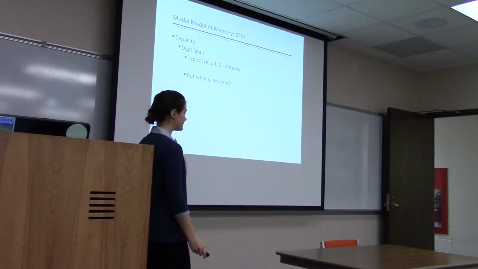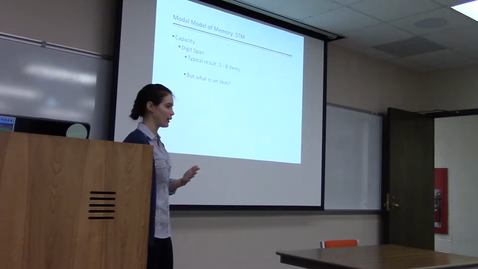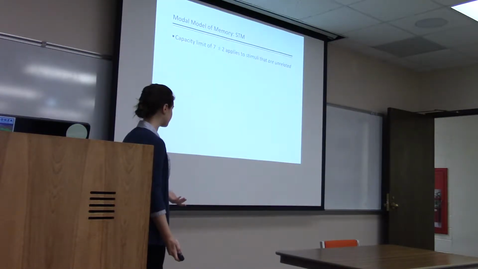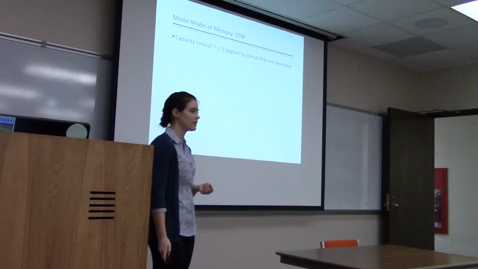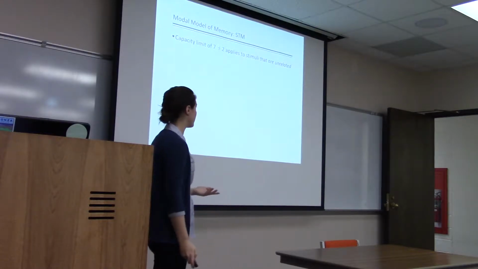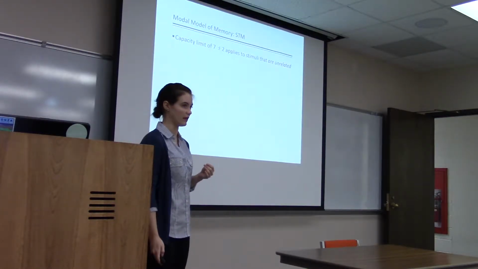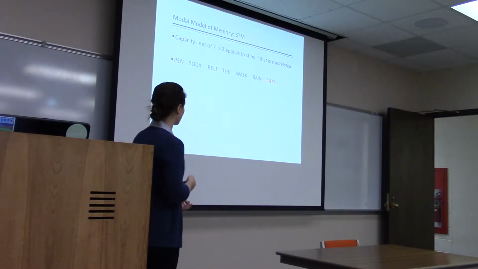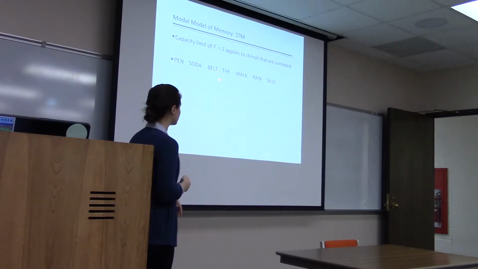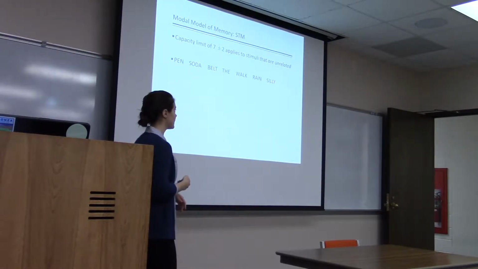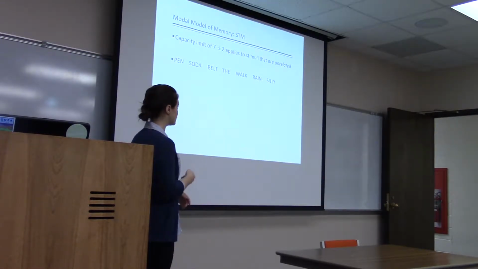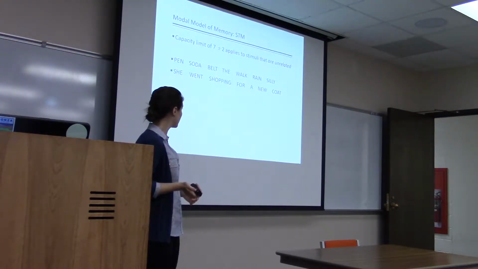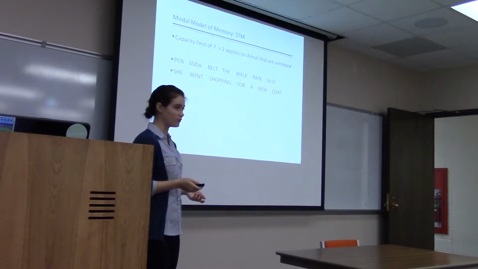So we've been talking about these digits and how we can only remember about 5 to 9 digits in our short-term memory, but what does that actually mean? The capacity limit of 7 plus or minus 2 for short-term memory applies to stimuli that are unrelated. So if I give you these 7 different words, pen, soda, belt, bee, walk, rain, silly, it's going to be harder to remember all of these words versus "She went shopping for a new coat."